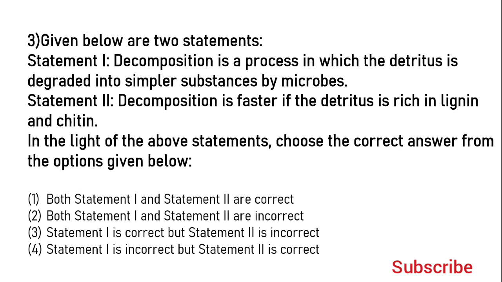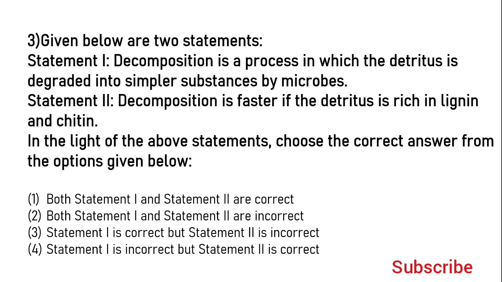It means that statement 1 is correct. Your second statement, that is decomposition is faster if the detritus is rich in lignin and chitin. See, decomposition is slower if detritus is rich in lignin and chitin, and it will be quicker if detritus is rich in nitrogen and water soluble substances like sugars. It means that your statement 2 is incorrect.